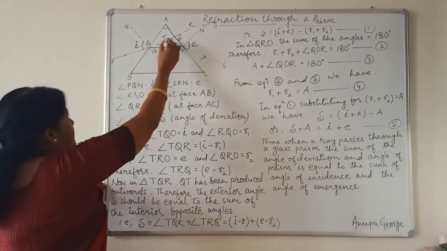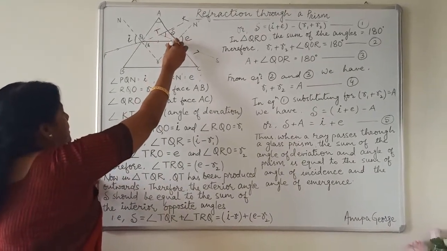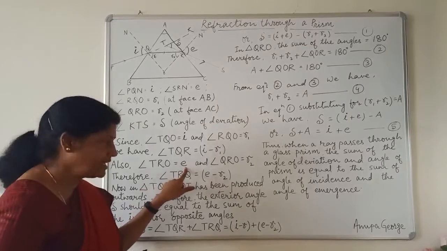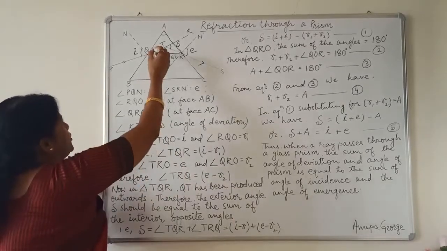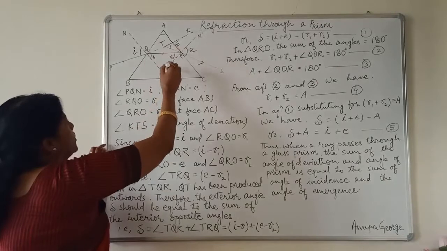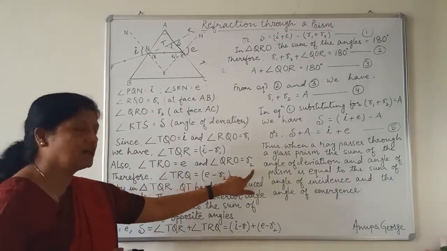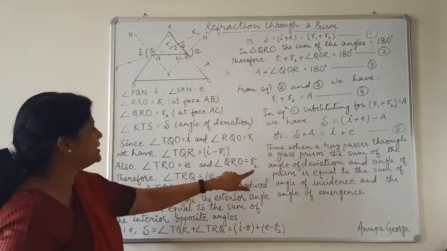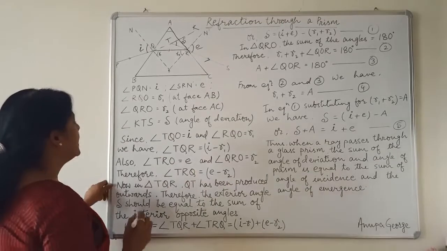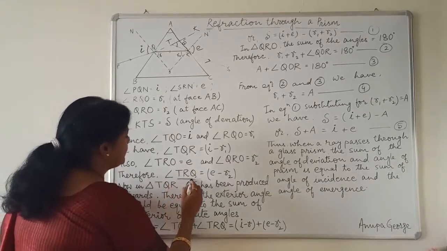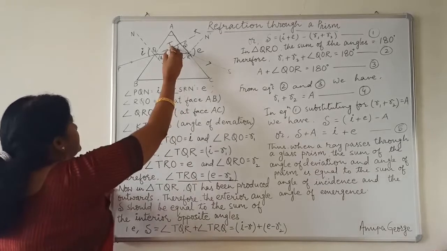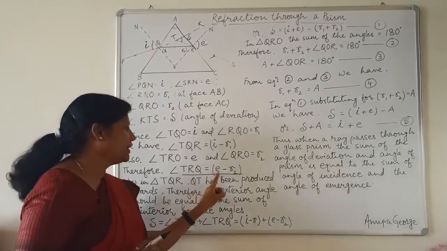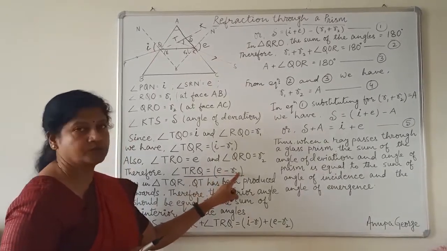Also angle TRO is equal to the angle of emergence E, and angle QRO is R2, the angle of refraction at face AC. Therefore, angle TRQ is equal to E minus R2.